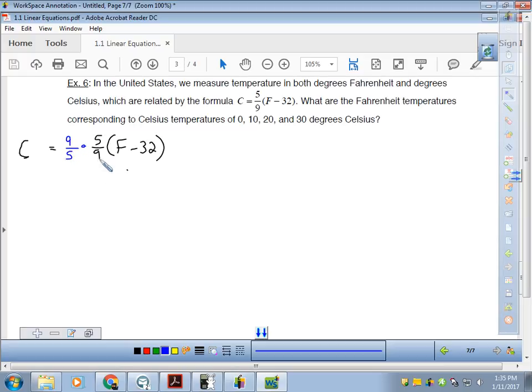Now, why would I do that? Well, when I multiply by the reciprocal, the 9's could cancel out and the 5's could cancel out. And so the whole fraction would go away. But the thing is, if I do that on this side, I also have to do it on this side. So I have to put times 9/5 on this side as well.